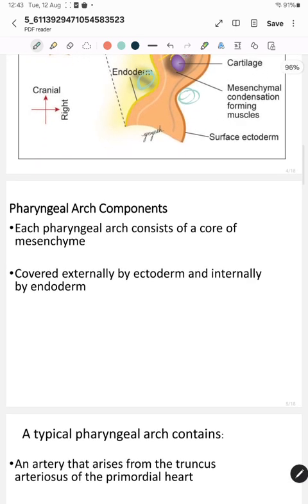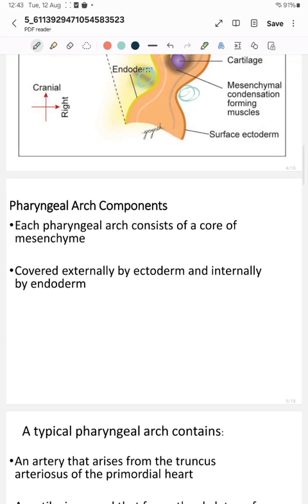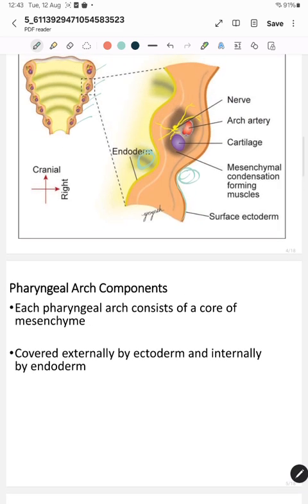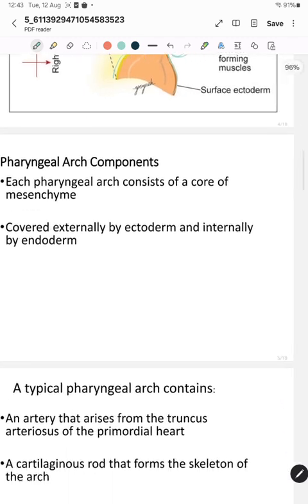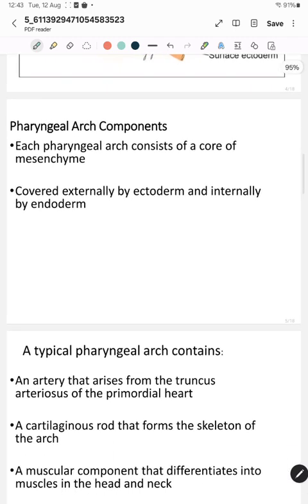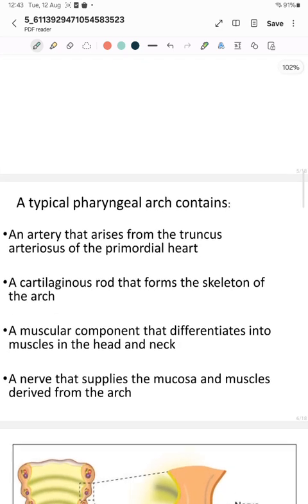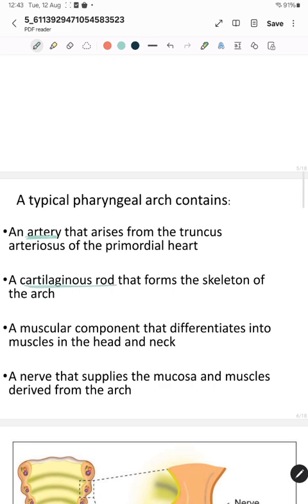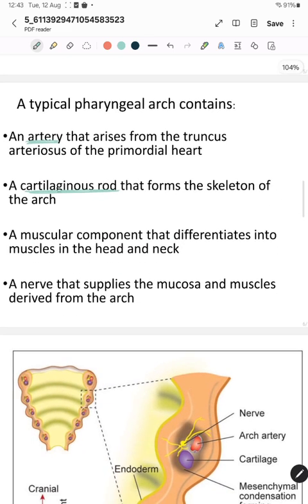A pharyngeal arch consists of a core of mesenchyme or mesodermal tissue. It is covered externally by ectoderm and internally by endoderm. So it is mesoderm present between the ectoderm and endoderm. What does it consist of? It consists of an artery, a cartilaginous rod, a muscular component, and a nerve.